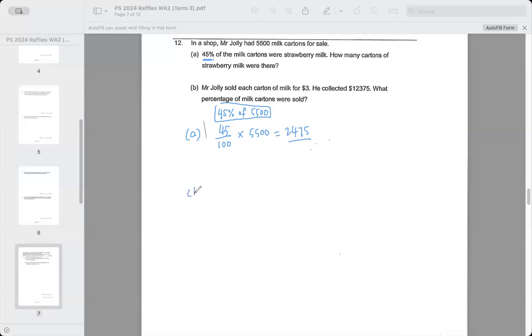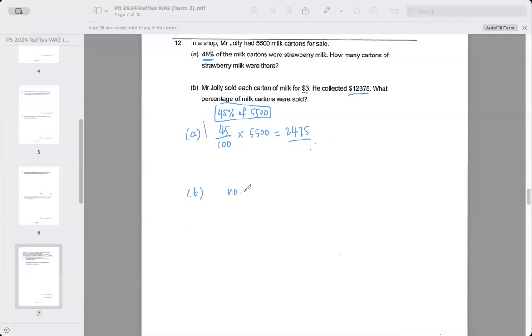For part B, Mr. Jolly sold each carton of milk for $3. He collected $12,375. What percentage of milk cartons was sold? Each carton of milk is $3. The collection in total is 12,375. So let's find how many cartons of milk he actually sold.